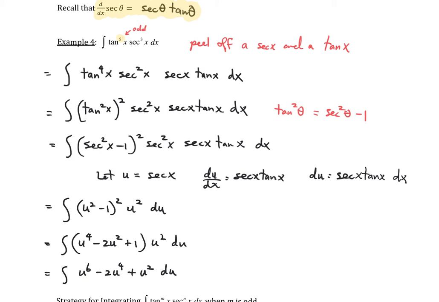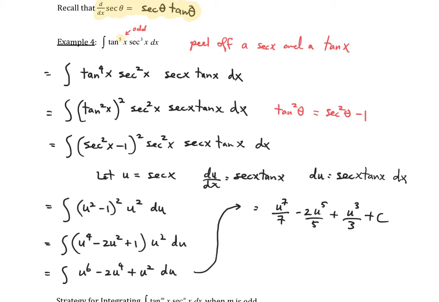And now we need to find the antiderivative. So the antiderivative of u to the sixth is u to the seventh over 7. The antiderivative of u to the fourth is u to the fifth over 5. The antiderivative of u squared is u cubed over 3. And we always want to put the plus c on there. Now, our original integral was in terms of x. There's a dx there.